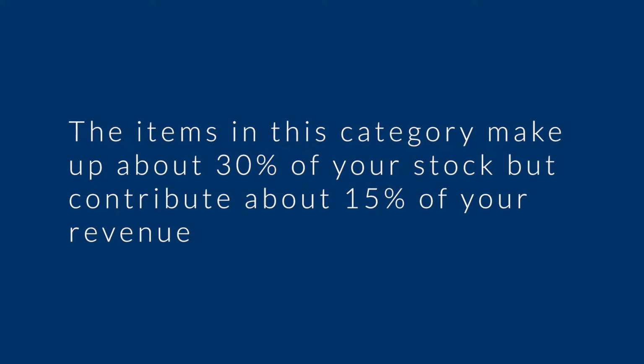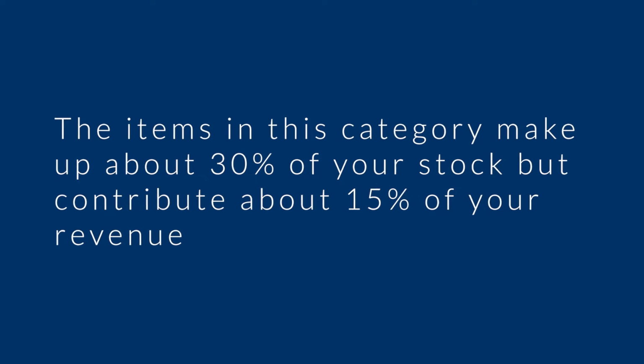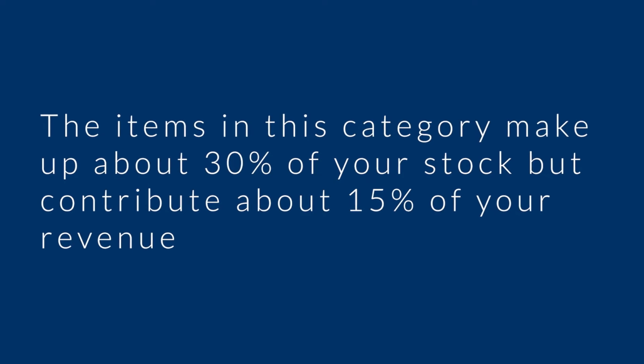So let's move on to category B. The items in this category make up about 30% of your stock and contribute about 15% of your revenue. Think of it this way. Remember, 20% of the stock, the items under category A, contributed 80% of the revenue, right?